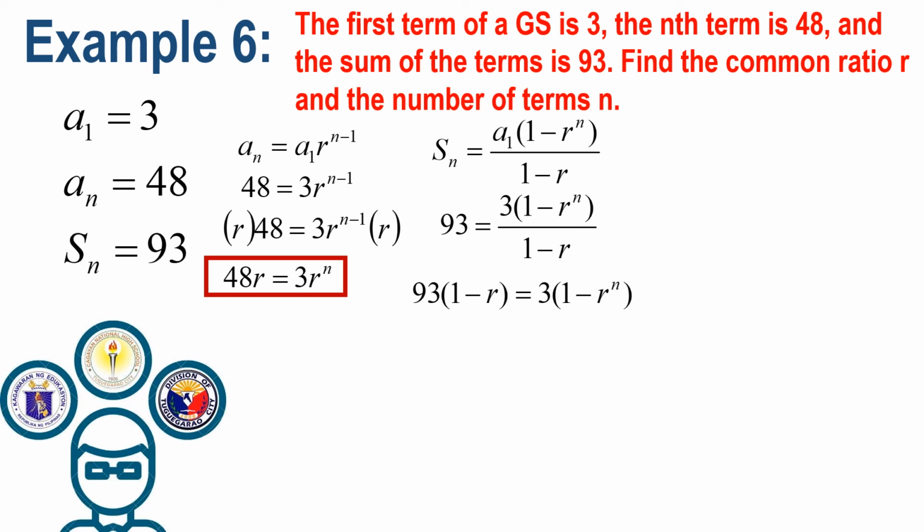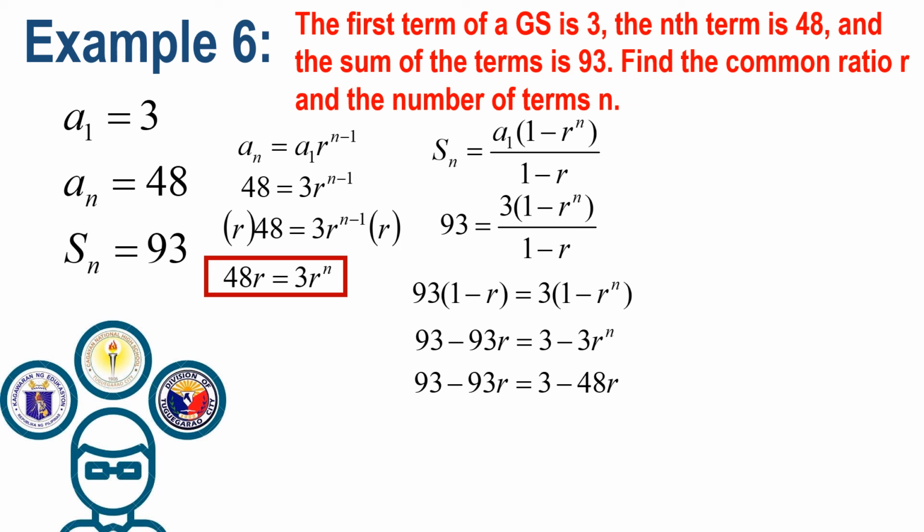And distributing 93 on the left side and 3 on the other side will give me 93 minus 93r is equal to 3 minus 3r raised to the nth power. And since 3r raised to the nth power is the same as 48r, we can now replace 3r raised to the nth power with 48r, giving me 93 minus 93r is equal to 3 minus 48r.